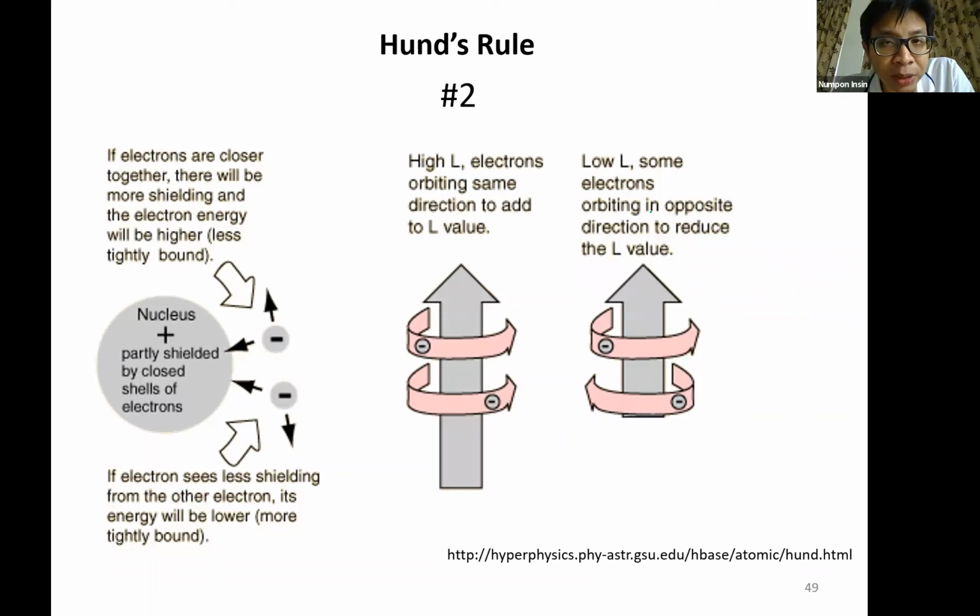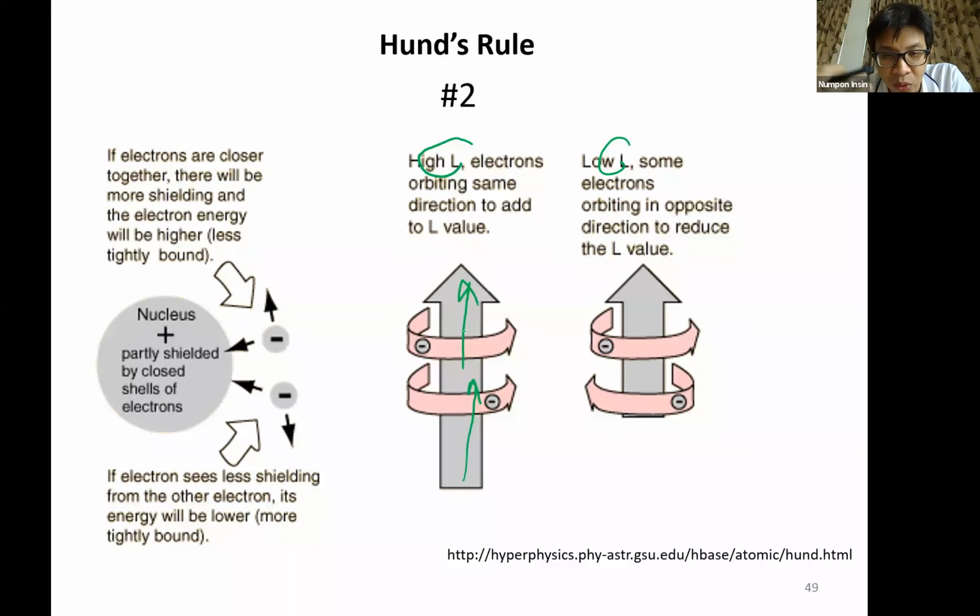For Hund's rule number 2, why do we have to pick the high L? The L tells you the direction of the orbital, right? So the high L means they combine such that the electrons run parallel to each other.